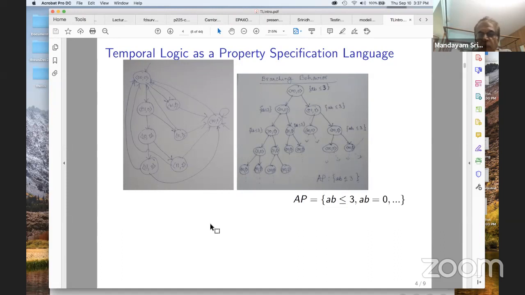In any case, through this example, before I get to the formal definition. So, what's a property? A property is something that you model check a transition system against. Formally, it denotes a set of acceptable, permissible behaviors.